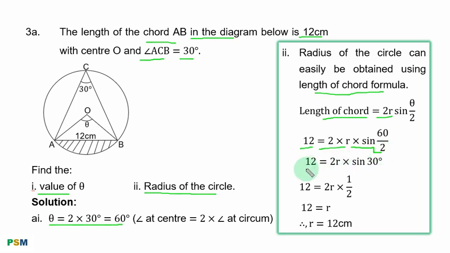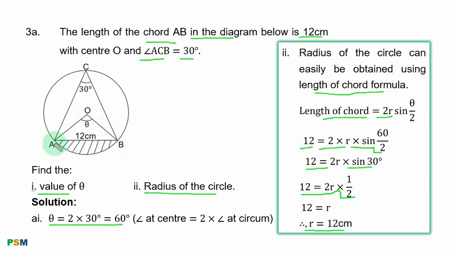You have 12 equal to 2r times sine 30 degrees. 12 is equal to 2r times 1 over 2. 1 over 2 is the value for sine 30 degrees. 2 cancels 2. You have 12 equal to r. Therefore, r is equal to 12 cm.